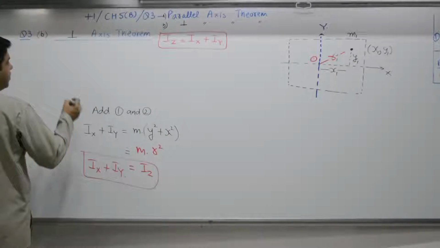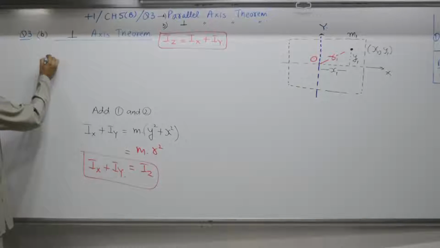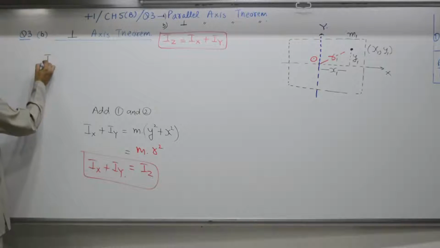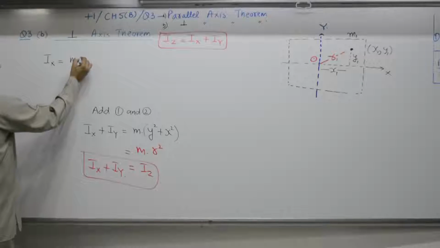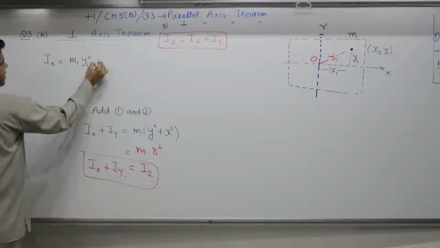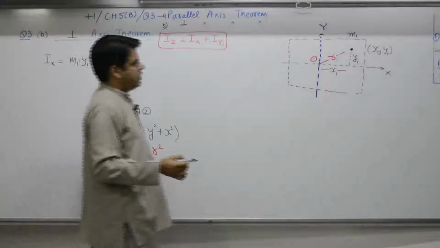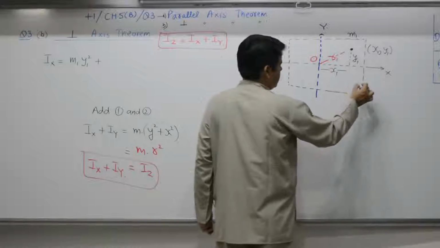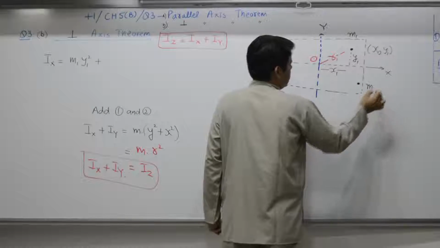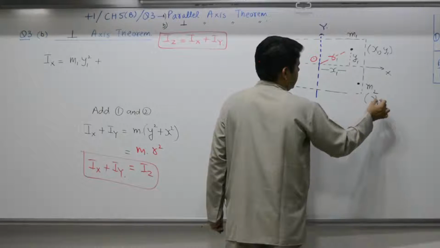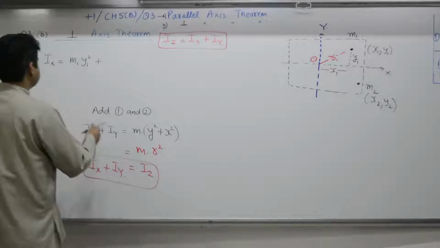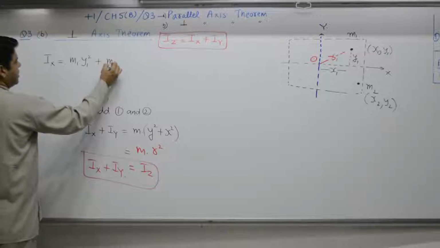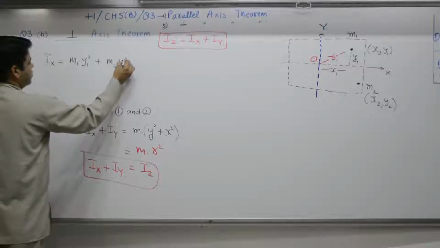So the moment of inertia about the x-axis, Ix, is equal to m1 y1 square. Let there be another particle, mass m2, coordinates x2, y2. So for the second particle, by logic, m2 y2 square.